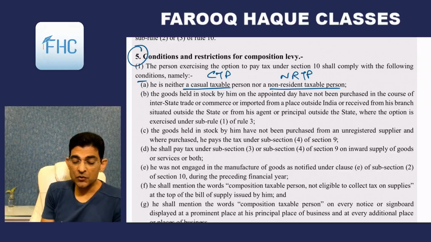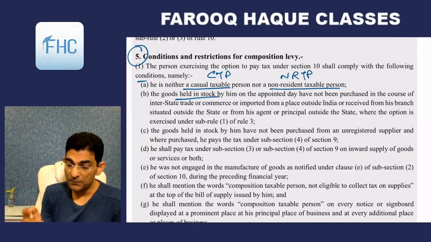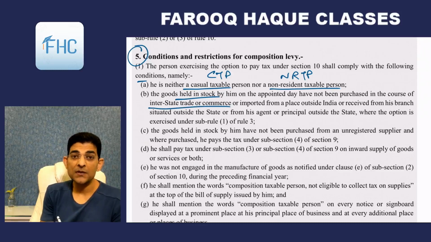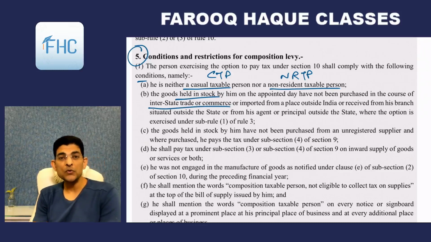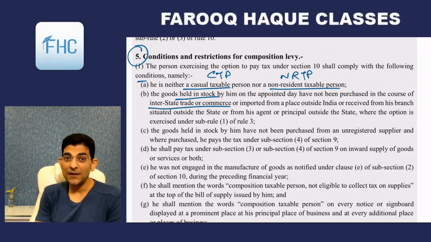Then the goods held in stock by him on the appointed day should not have been purchased in the course of interstate trade or commerce. Means your inputs should not be purchased in the course of interstate trade or commerce, or imported from a place outside India.